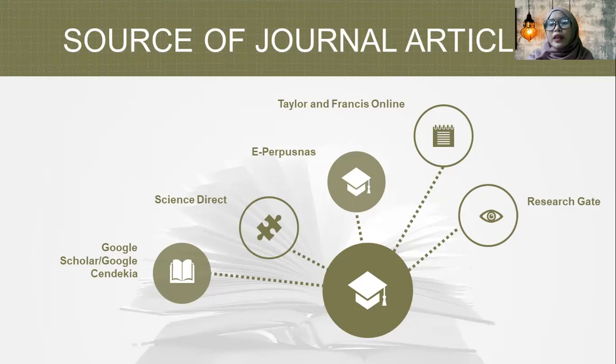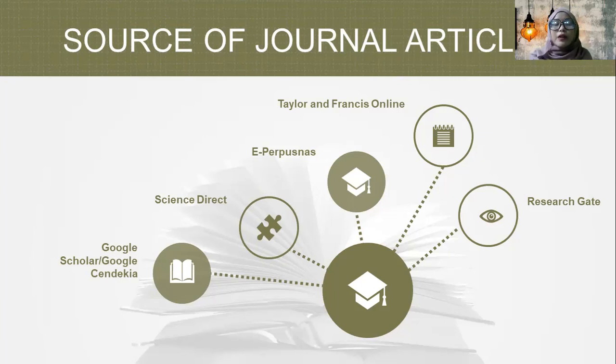There, you type the keywords, the same as in Google Scholar. And also in ResearchGate, you could search the publisher name, the journal name, the author's names, or the keywords of the focus of the article that you're gonna search. And there are some more platforms where you could search for articles.